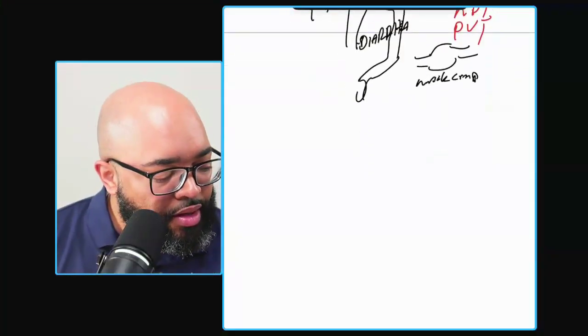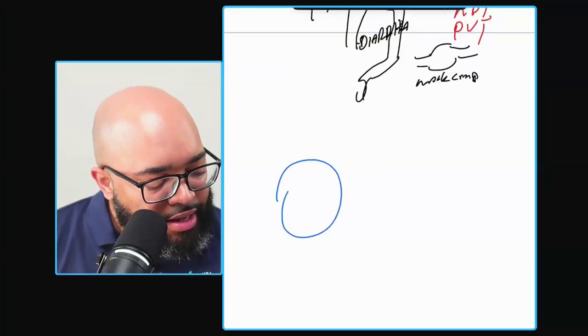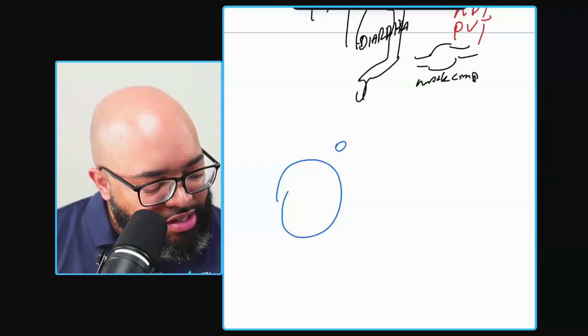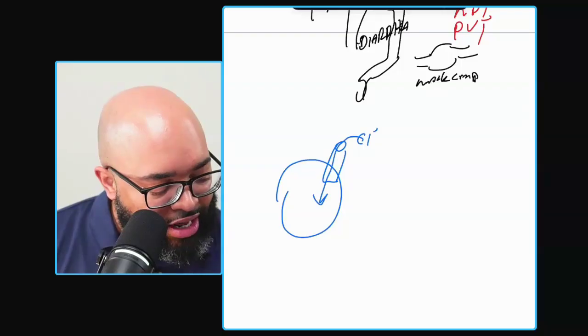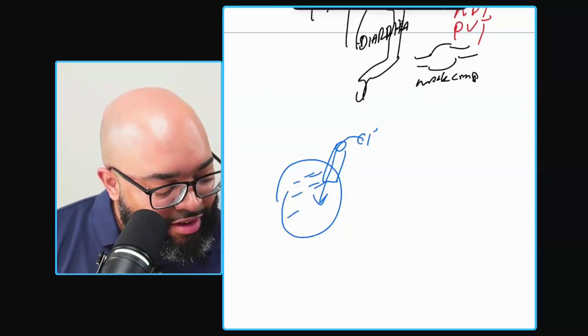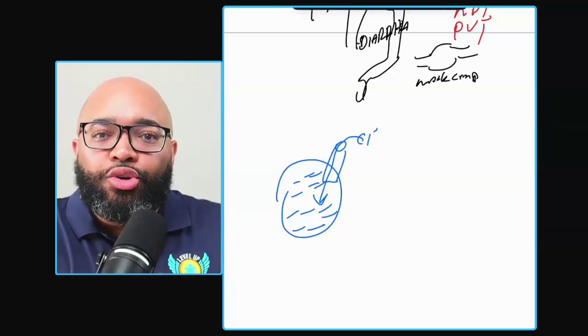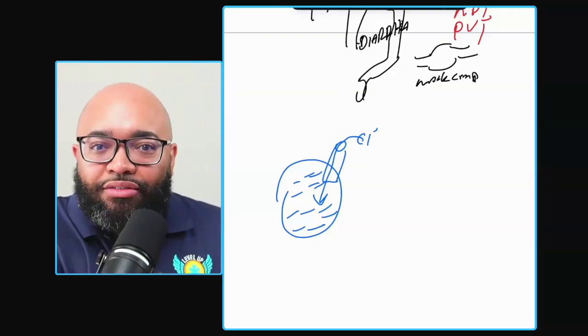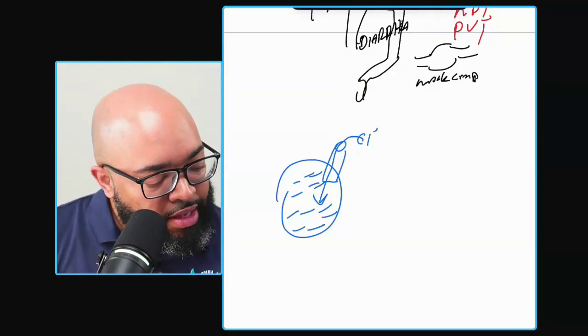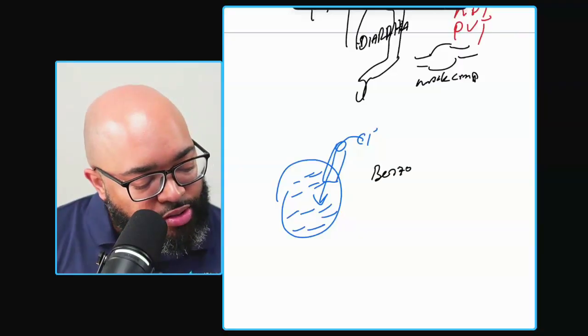So now let's tie this into a benzo. Some kind of way I've got to get a whole bunch of negative, like chloride, inside through a chloride channel, and then boom, negative. Now I just stopped the seizure. Do I have a drug that can help me activate this? That's a benzo. So this is the way a benzo works.